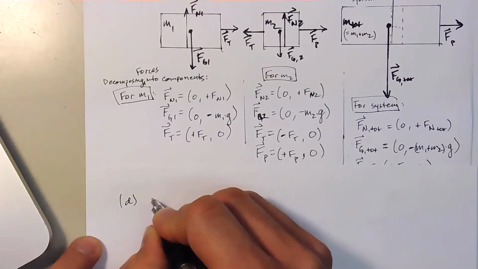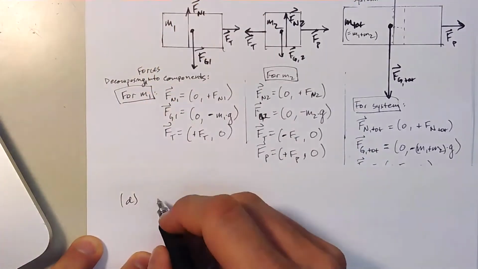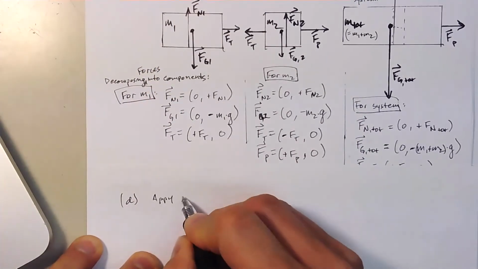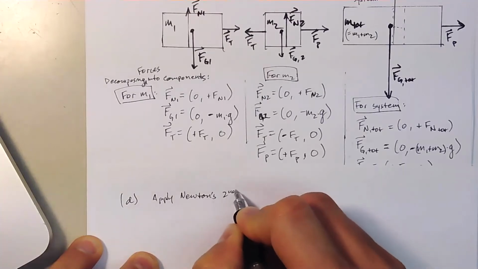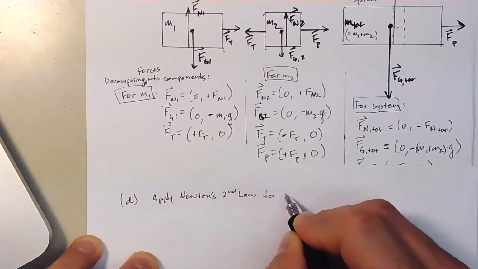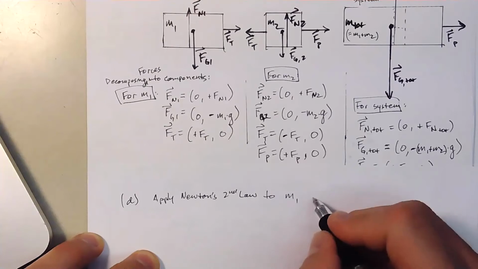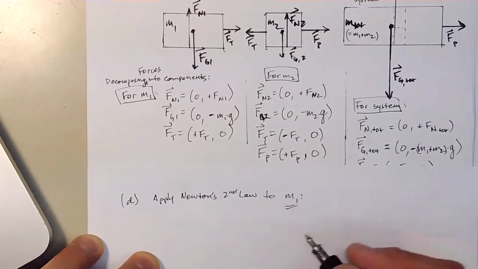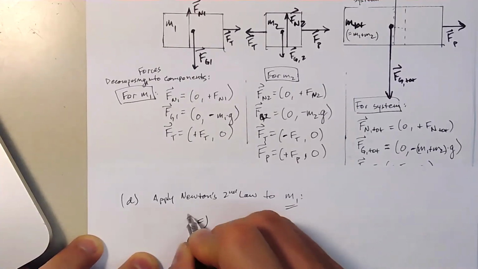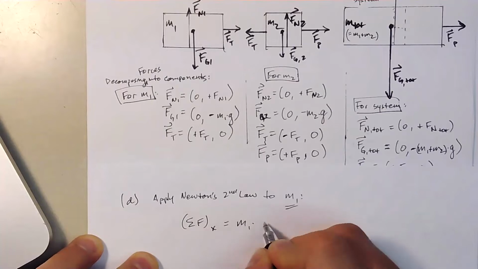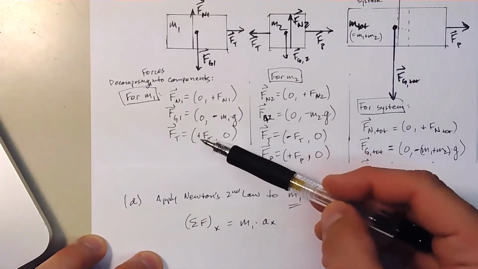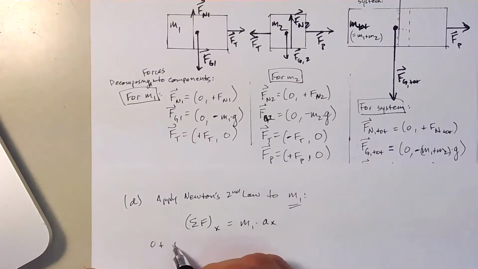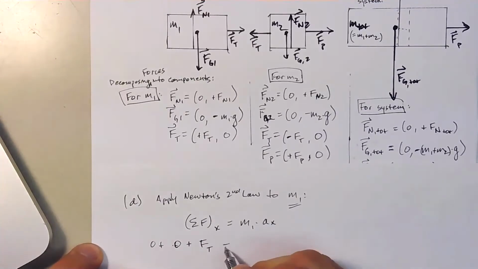So I'm going to just cover this a little bit here. Okay, so to find the tension in the connecting cord, let's apply Newton's second law to M1, okay? And we're going to do the horizontal direction. And now I'm going to add up these horizontal components here. And there's the tension in the connecting cord, which is what I'm after.